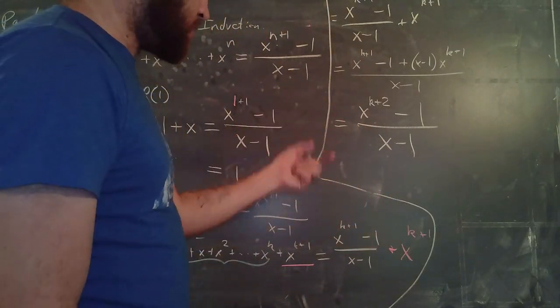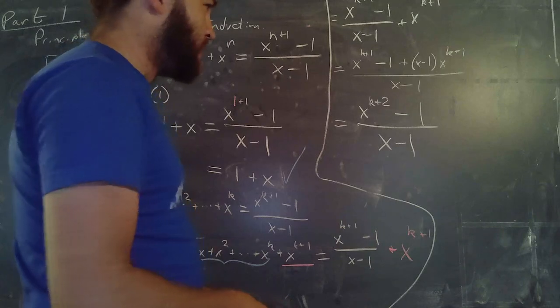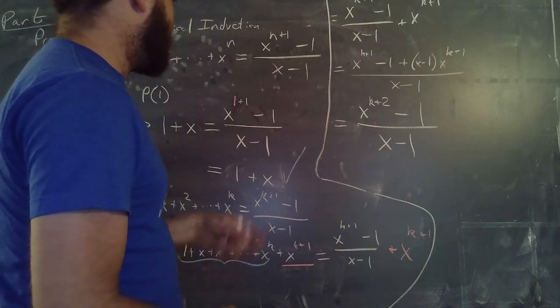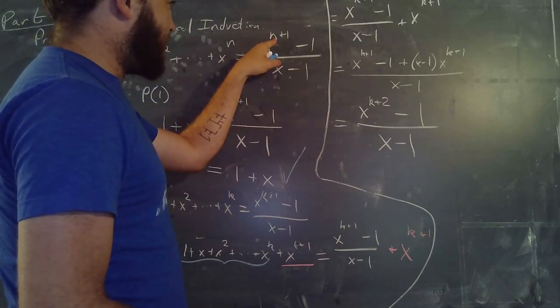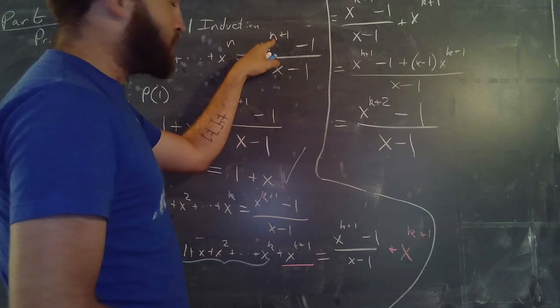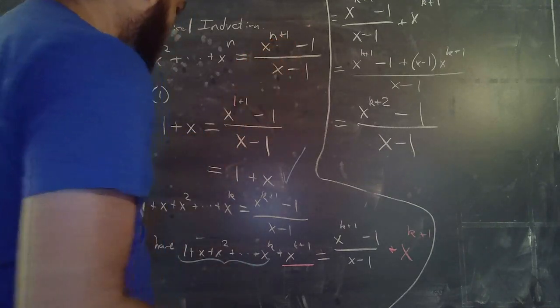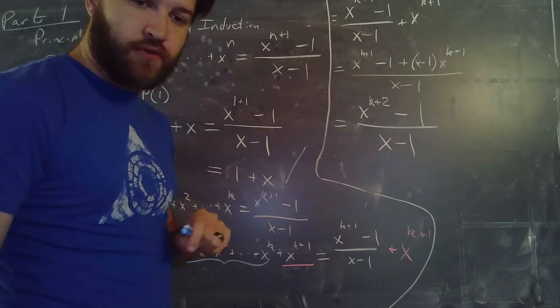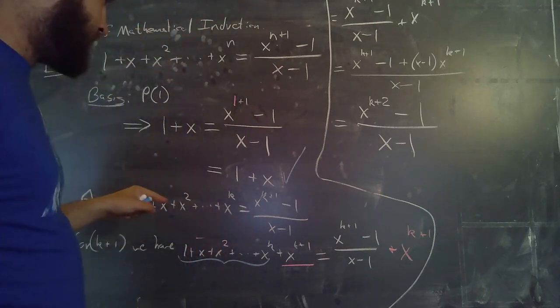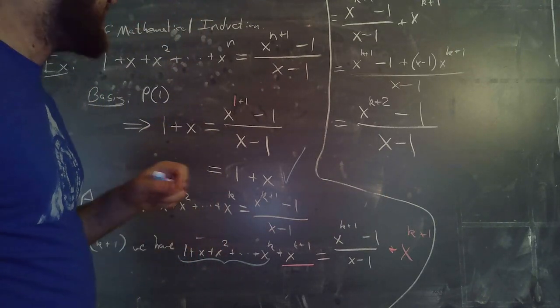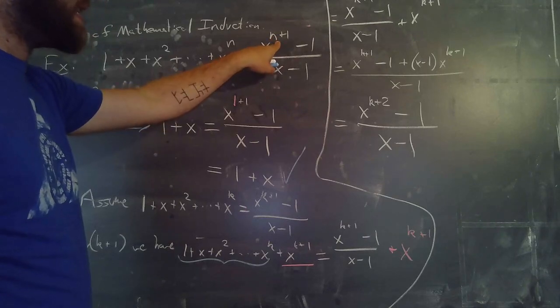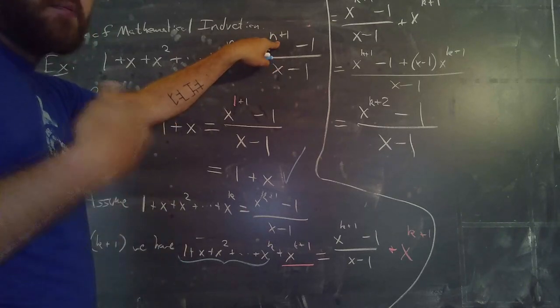And this looks pretty similar to what we're supposed to show, but remember we're supposed to show that basically if I replace this n with k plus 1, that we were able to arrive at that conclusion from our assumption step and from the basis case. So I need it to look almost exactly like this. It needs to say k plus 1 plus 1.